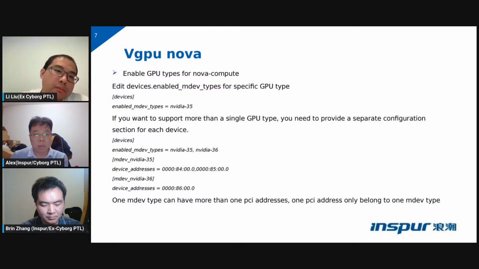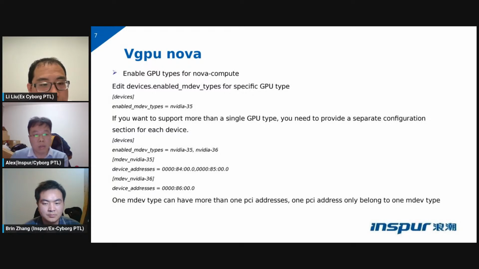If you want to support more than a single GPU type, you need to provide a separate configuration section for each device. So in the device group, we can set the enabled device types with NVIDIA 35 and NVIDIA 36.